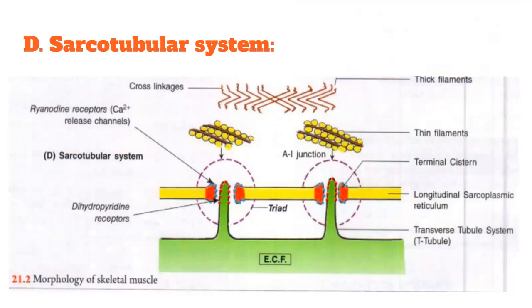Since there are so many myofibrils, there runs a system parallel to each myofibril called the sarcotubular system. As the name says, you have the sarcoplasmic reticulum and the tubule formation. This is a tubule, and this is a sarcoplasmic reticulum. This whole structure is called a triad.